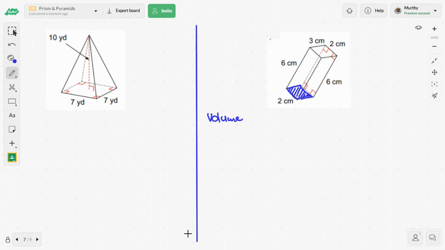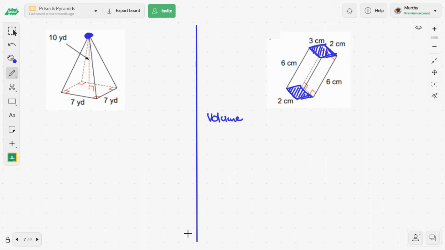Which is a rectangle, 3 inches long and 2 meters wide, right? So I see that these two have the same shape. Therefore, I'm pretty sure that this is a prism. It's not a pyramid. Remember, a pyramid has a tip at the top. It's not the same as the base.